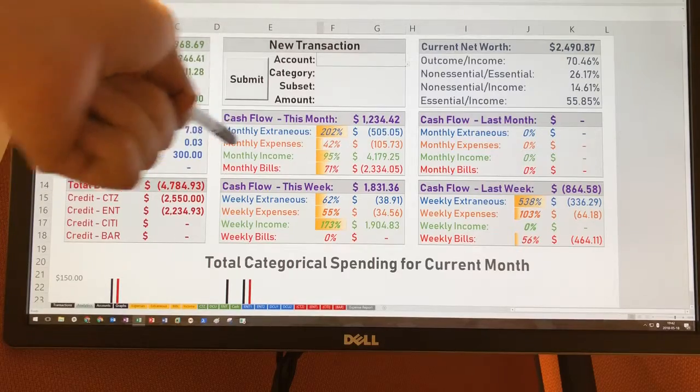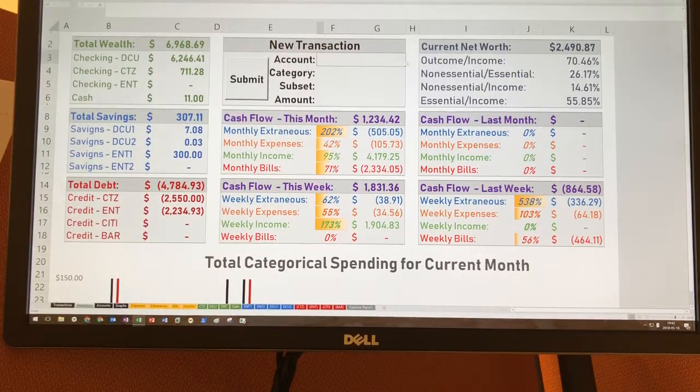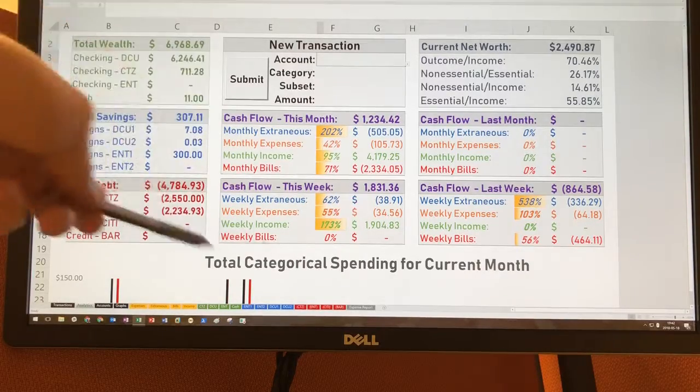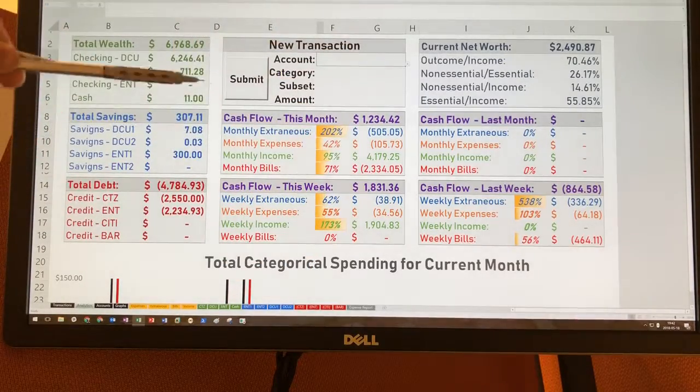This is my kind of analytical stuff, so it shows my cash flow. This is my cash flow for the current month. Everything's broken down into largely 3 categories: extraneous expenses and bills.